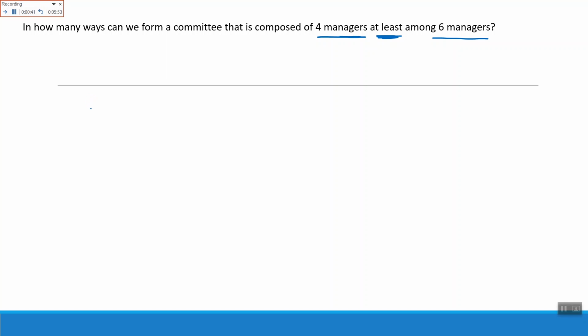So we want to select, we want to choose 4 out of 6, or 5 out of 6, or 6 out of 6, because we want 4 at least. So 5 is good, 6 is good.